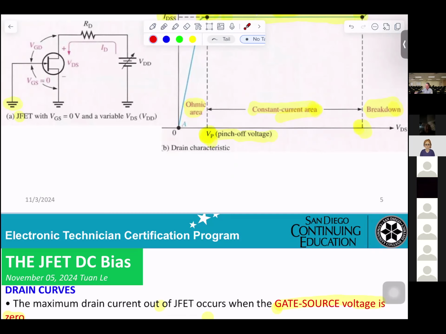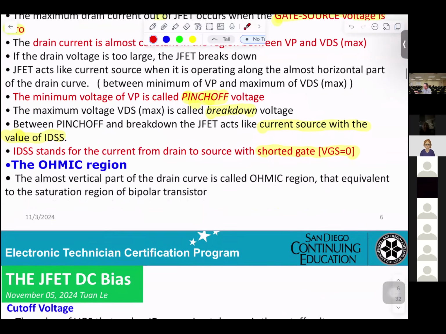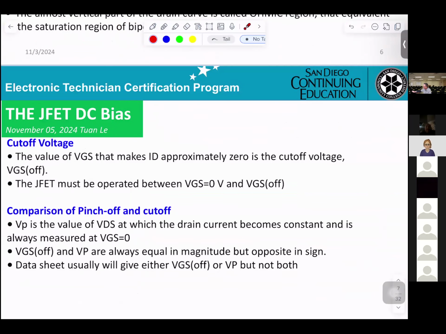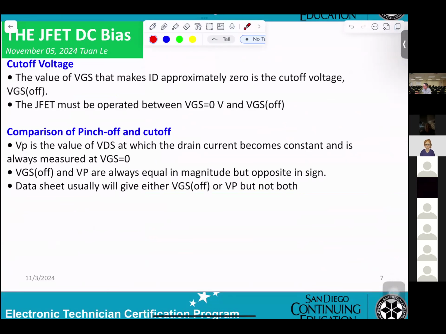That will be given by the JFET. However, they give only one value. If they give you VP of 5 volts, then you have to understand VGS off will be minus 5 volts. VGS off and VP are always equal in magnitude but opposite in sign.